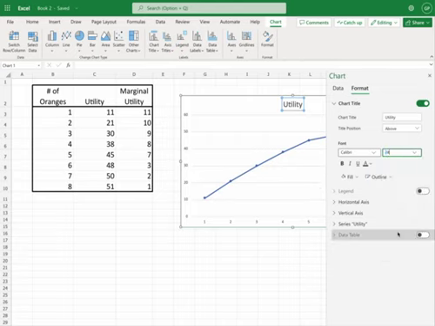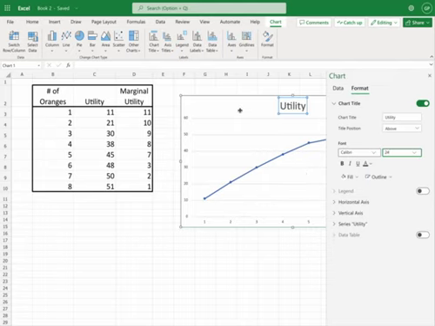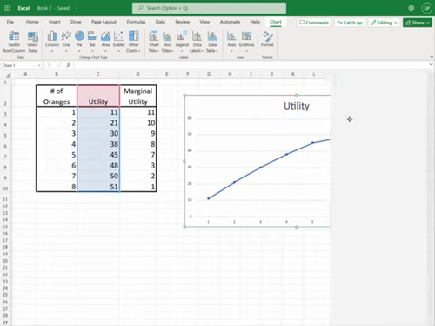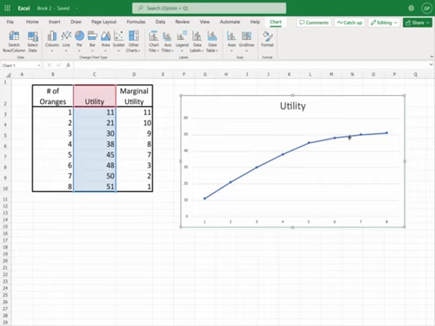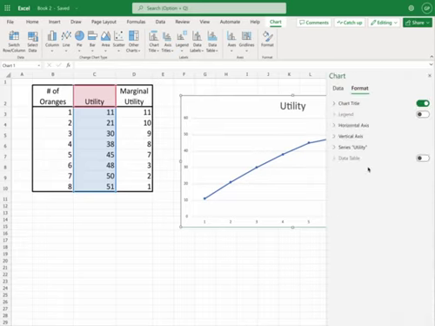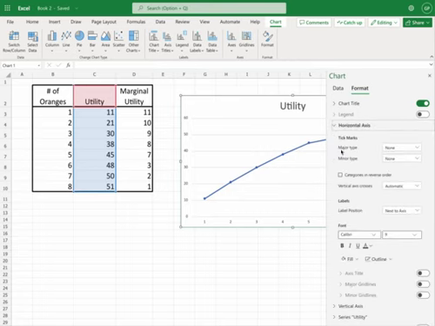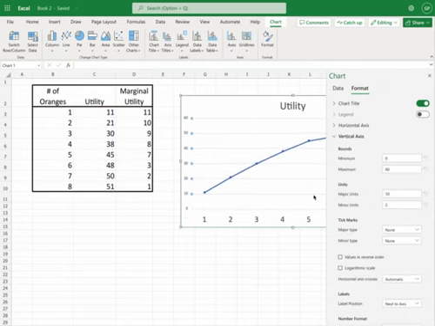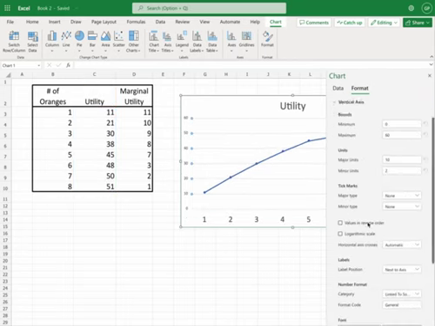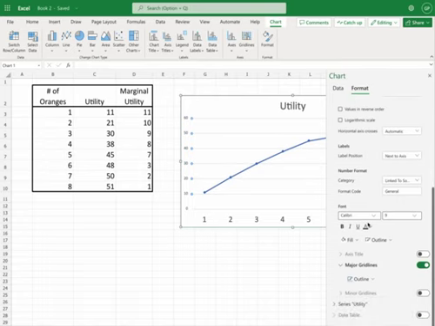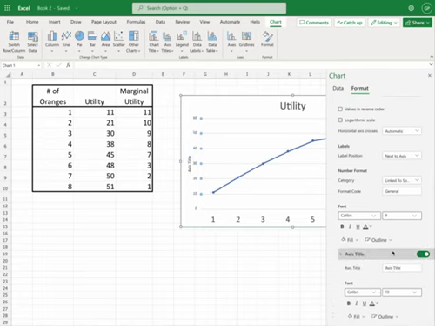I'll make that one 24. Okay. So all I'm doing here is just prettying up the graph so it's a little bit easier to see. The horizontal axis, the font is 9. Let me make that 18. Okay. Also, I want to put an axis title in.